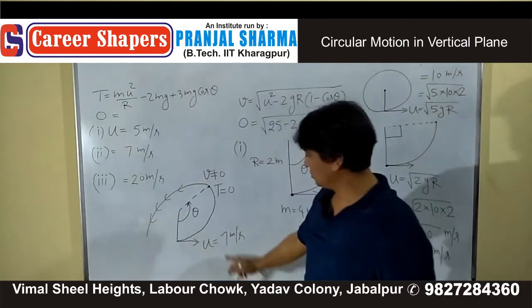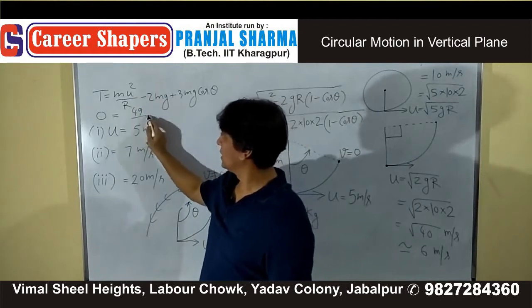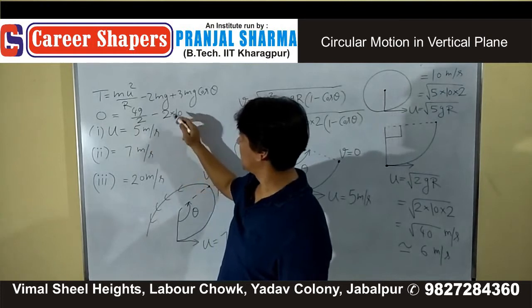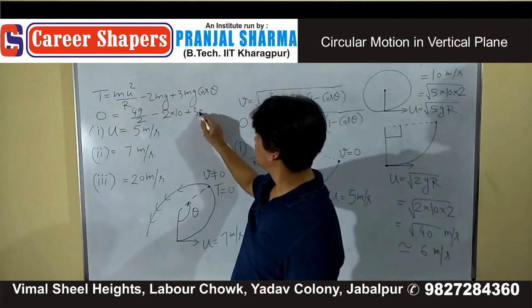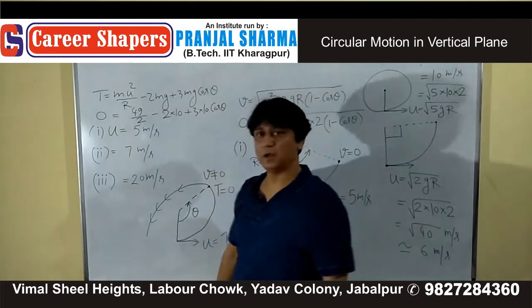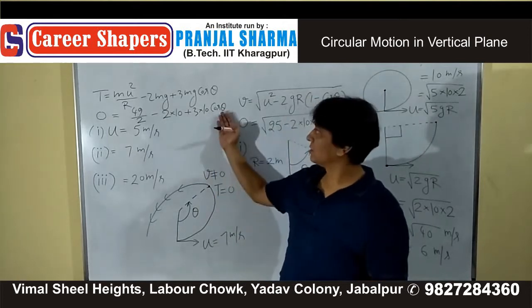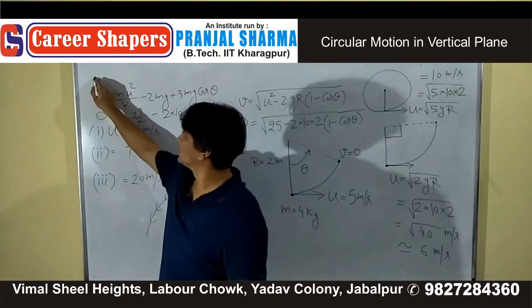What's the value of u? 7. So 49 divided by 2 minus 2 into g, which is 10, m is cancelled, plus 3g cos of theta. Solve it and you will get theta. This is your second part.